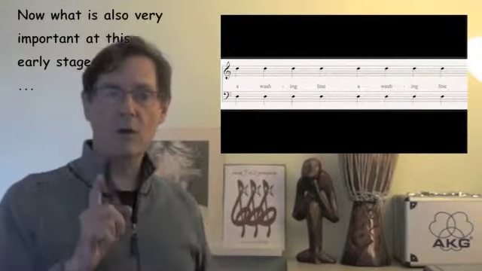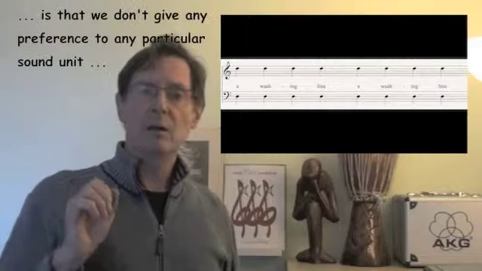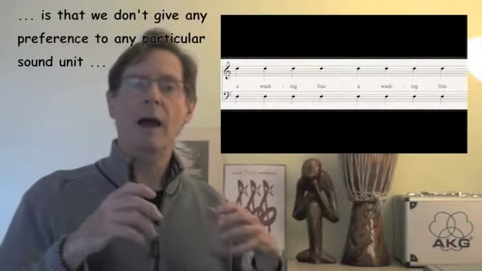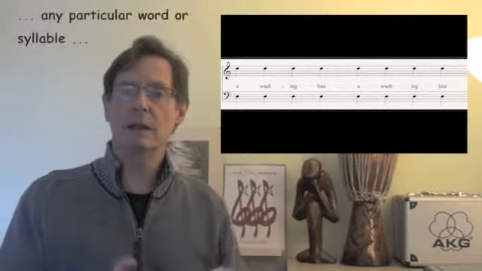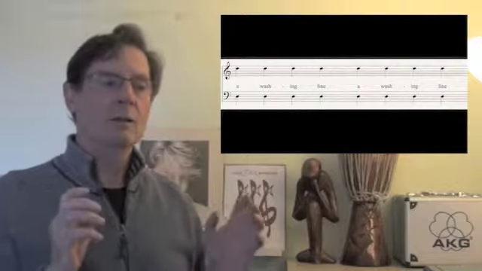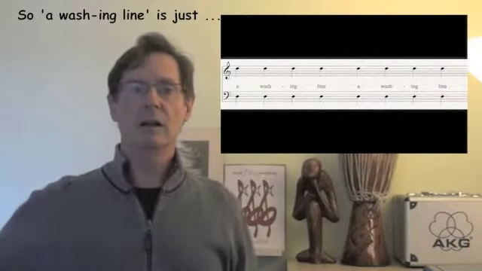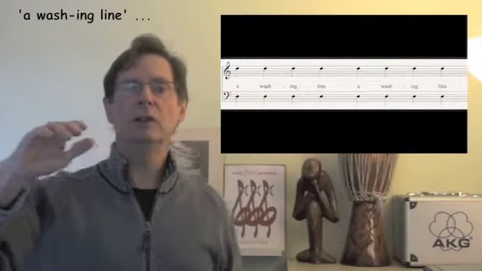Now, what is also very important at this early stage is that we don't give any preference to any particular sound unit, any particular word or syllable. So washing line is just flat. Washing line.